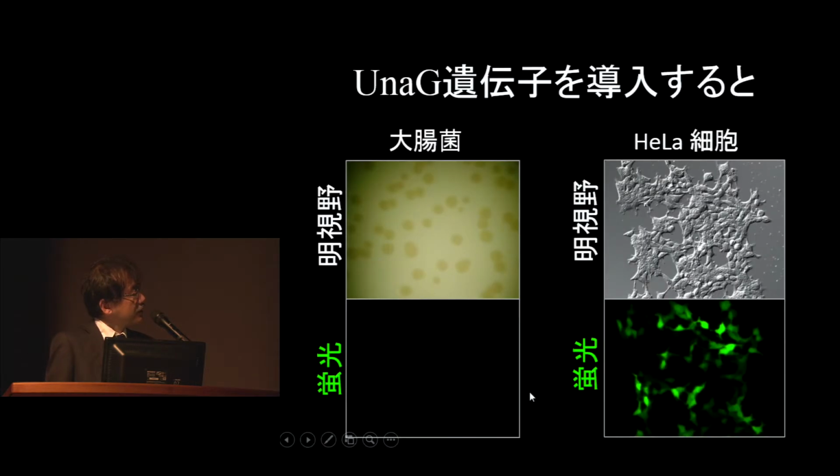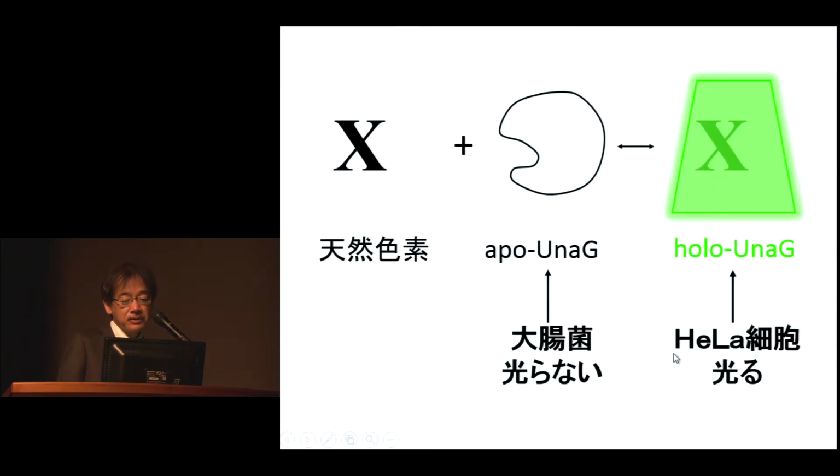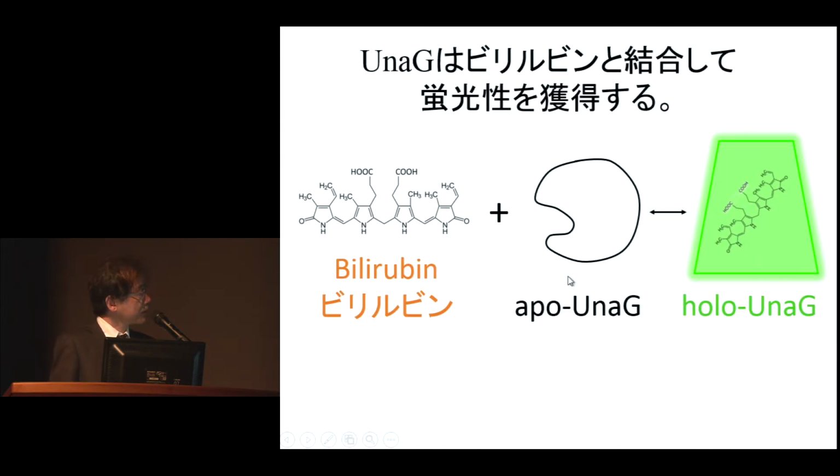Okay. And amazingly, the heterologous expression of UnaG in bacteria did not produce any fluorescence, but in mammalian cells, very bright green fluorescence. So we hypothesized that the protein required some factor to fluoresce. And we spent two or three years to identify that ligand X. And finally we discovered bilirubin is the ligand. Okay.